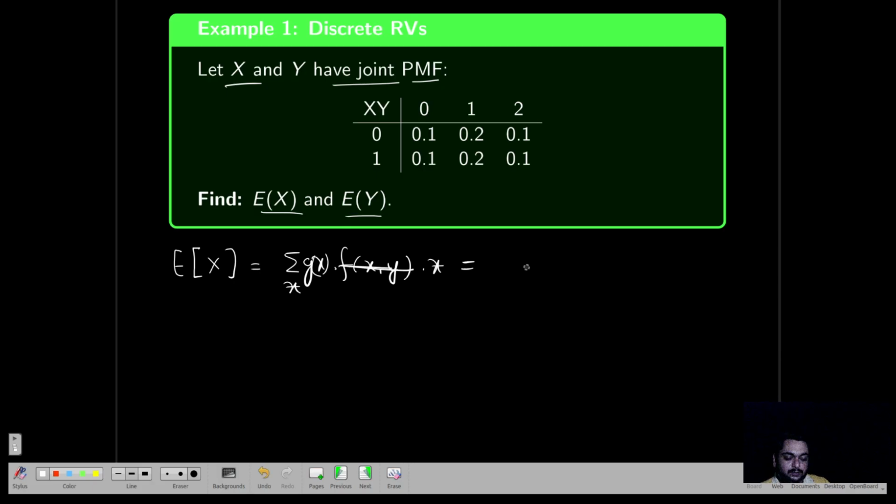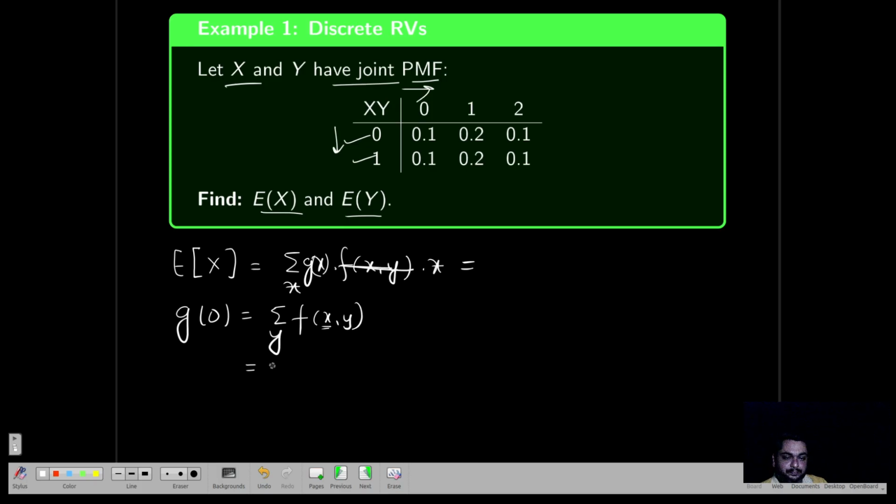So x values vary from 0 to 1. This is x, this is y. Add over those values. First you have to find g of x for that. So will you find g of 0? g of 0 is the summation over y of f of x comma y. g of 0 means fix x as 0.